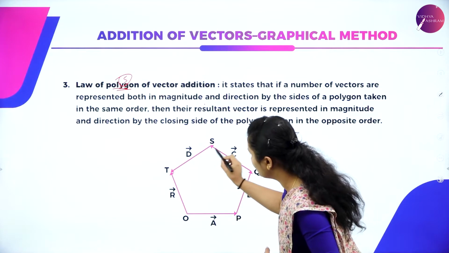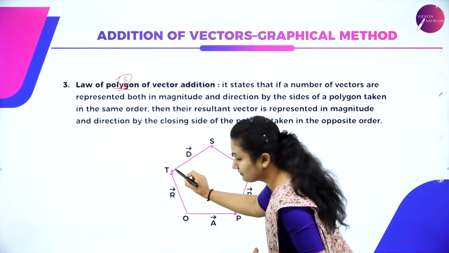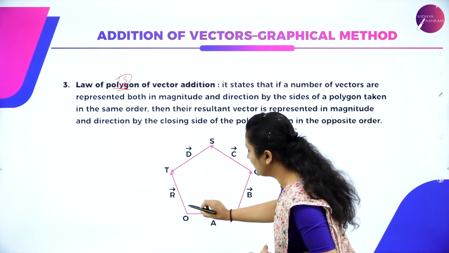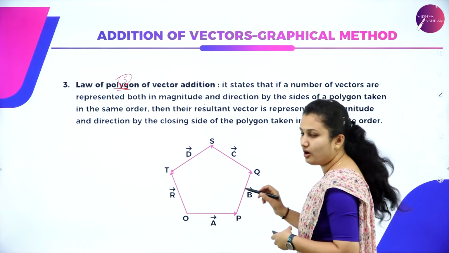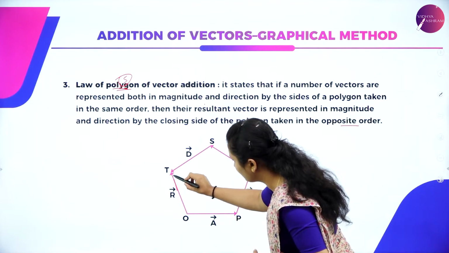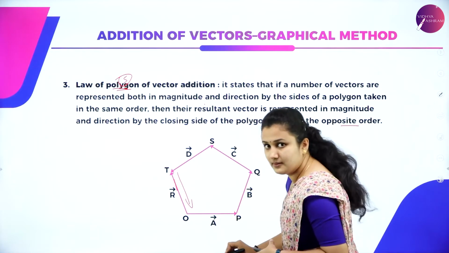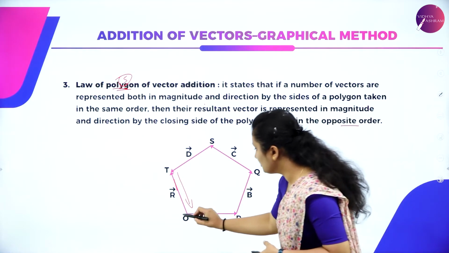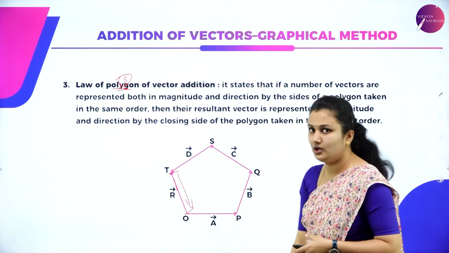You can see it is opposite. All the arrows are following the same direction, but OT, the closing side of the polygon, is taken in opposite order. Instead of this arrow, they have placed it in the opposite direction. So this gives your resultant vector.